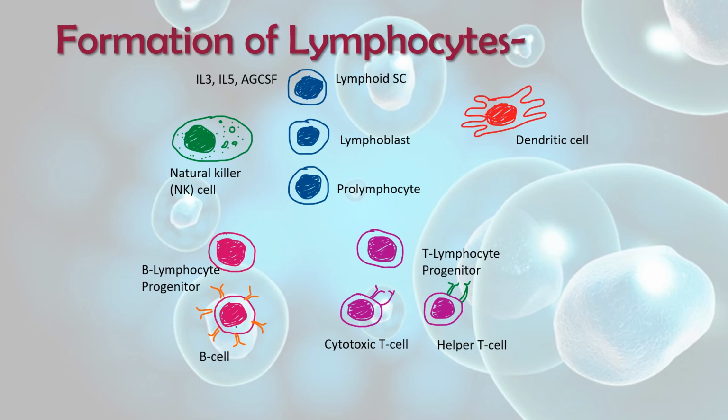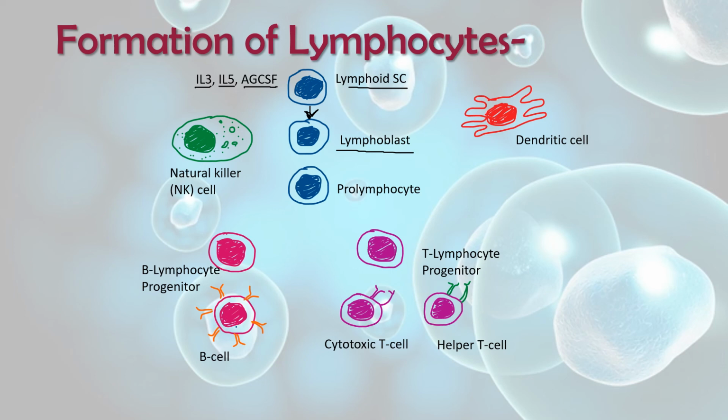Till now, we have seen what type of cells are formed from the myeloid stem cells. Now, in this slide, we are going to look at how and what type of cells are generated from the lymphoid stem cells or lymphoid progenitor cells. Under the influence of interleukin 3, interleukin 5 and granulocyte colony stimulating factors, this lymphoid stem cell is transformed to lymphoblast.